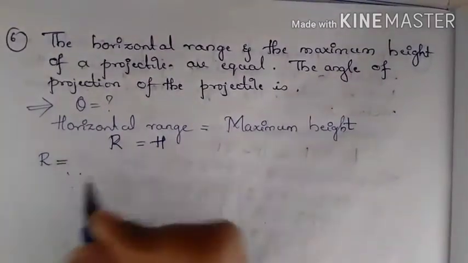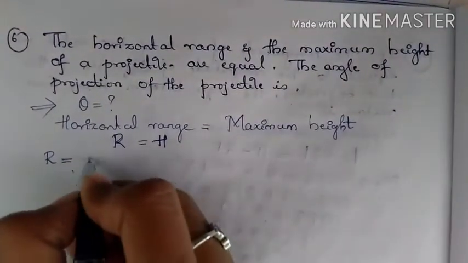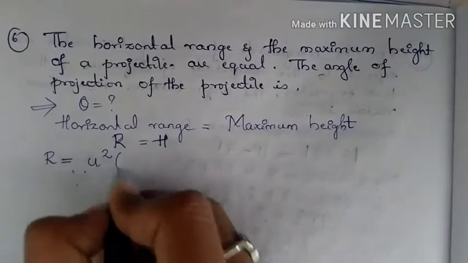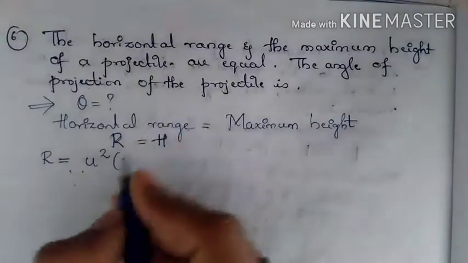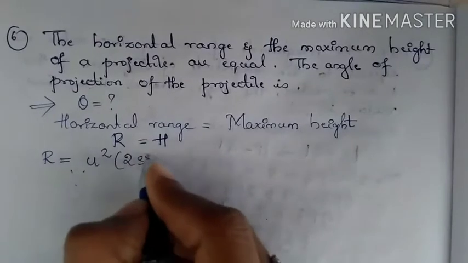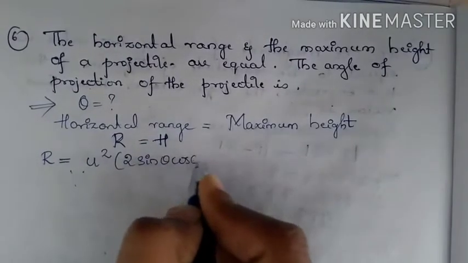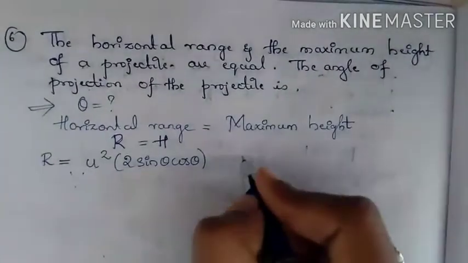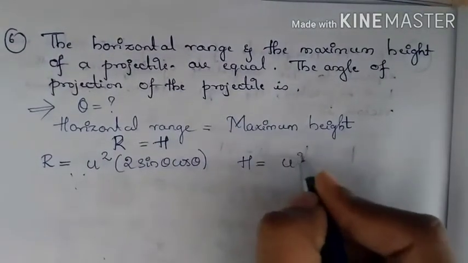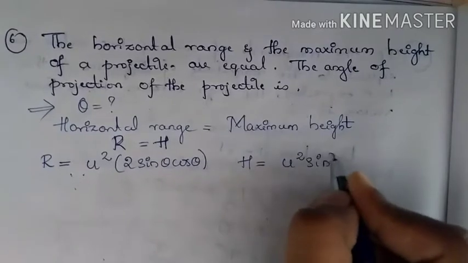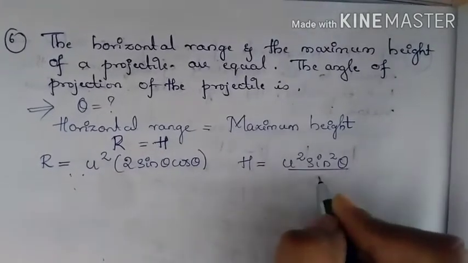Learn those formulas by heart. R is u square sine 2 theta divided by g, so that I can write 2 sine theta cos theta. These formulas I have said in the previous lecture. H is equal to how much? U square sine square theta divided by 2g.